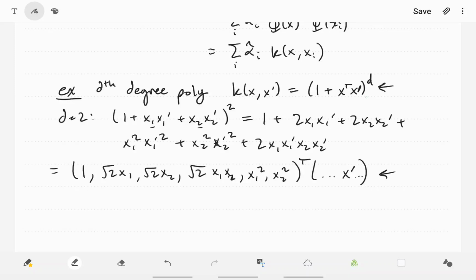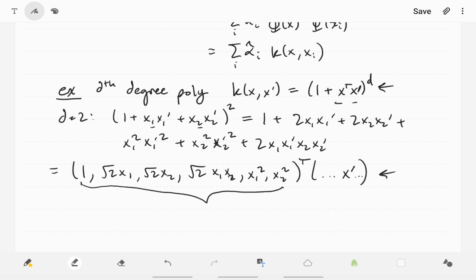But to evaluate this kernel, all we had to do was take the inner product between x and x prime, whereas to evaluate this inner product, we would have to do this embedding and then take inner products. Now, it might still be computationally easier to take the higher-dimensional embedding when n is much bigger than the number of dimensions.